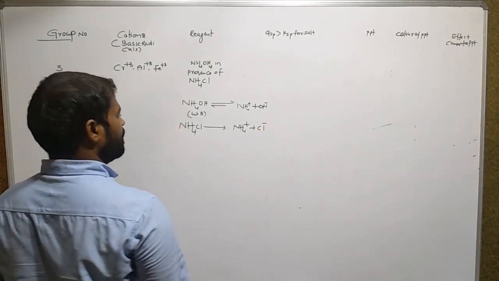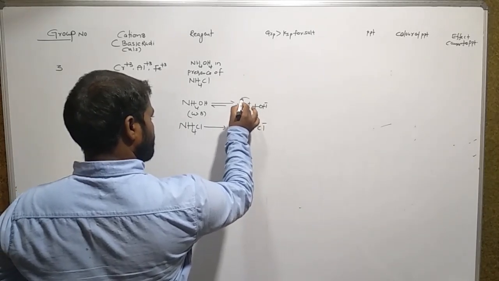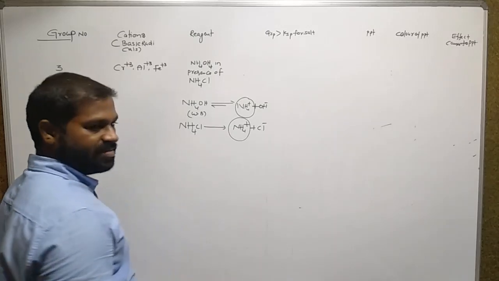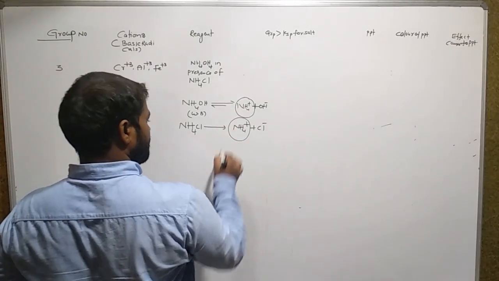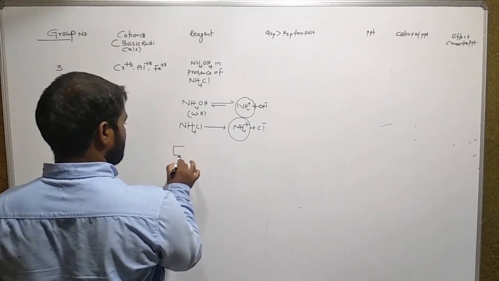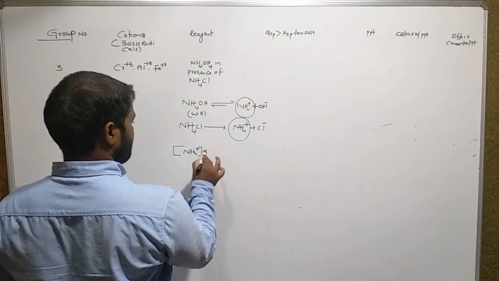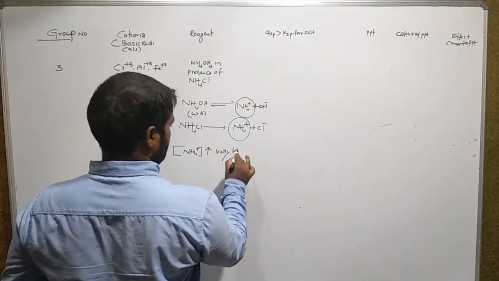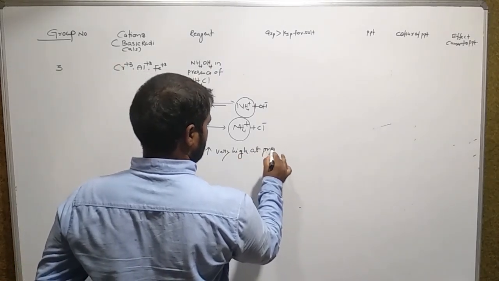If you observe clearly, at product side the ammonium ion concentration is very, very high. Am I right? NH4 plus concentration is very high at product side.